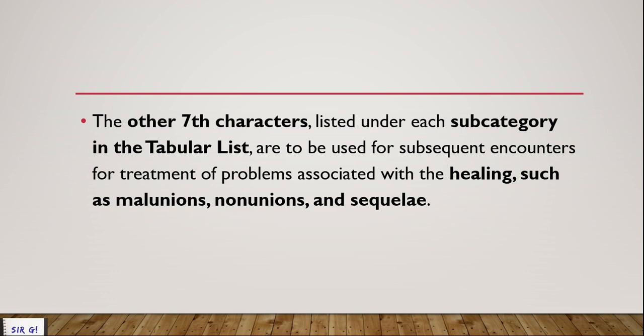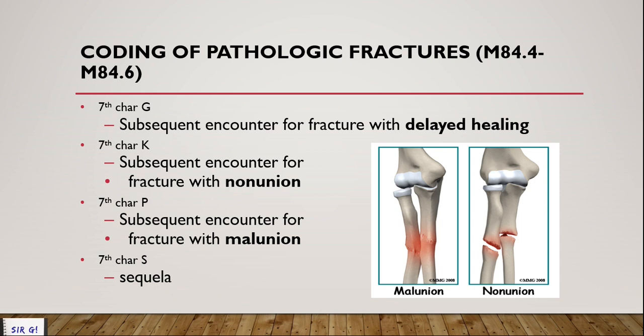Go to your category code, subcategory, because this is already 4 characters: M84.4 up to M84.6. Go ahead and check your book. Before that, you have your other 7th character options there.